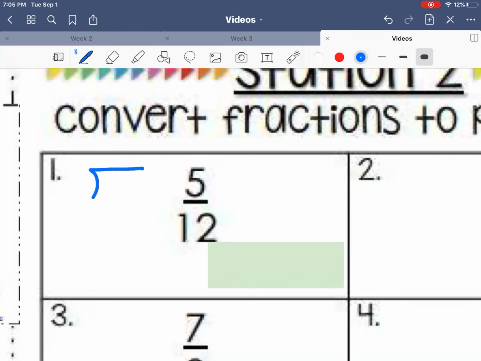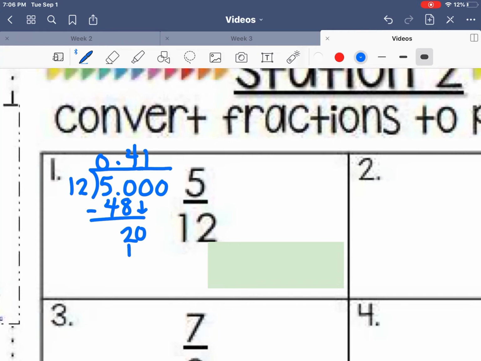So it's 5, the top in, divided by 12, the bottom out. And I'll put some zeros on there because I know I'm going to need them. 12 does not go into 5, so that's 0. 12 will go into 50 4 times, because 4 times 12 is 48. I subtract 50 minus 48 and I get 2. I'll bring down one of those zeros. 12 will go into 20 just one time.